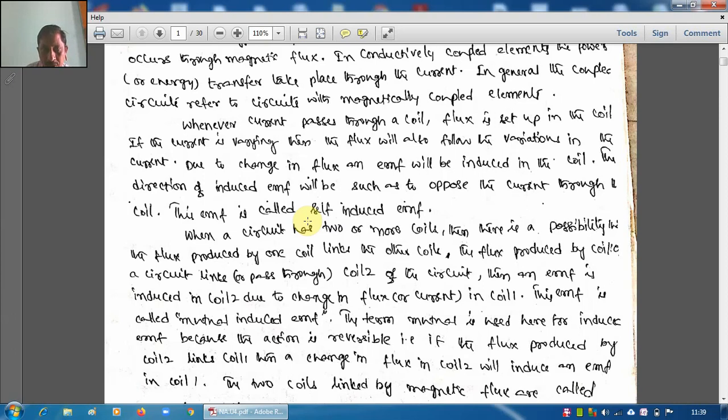Now the coil is there, changing flux is there, so automatically by Faraday's laws of electromagnetic induction, an EMF is induced in that coil. This EMF is known as self-induced EMF.